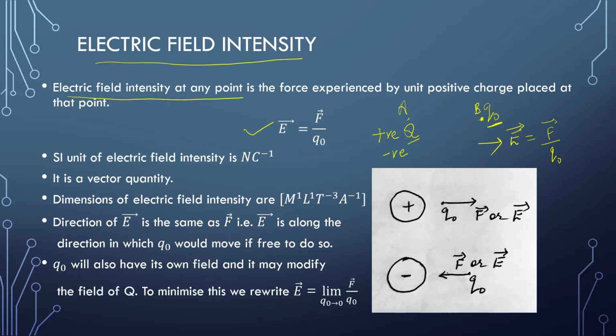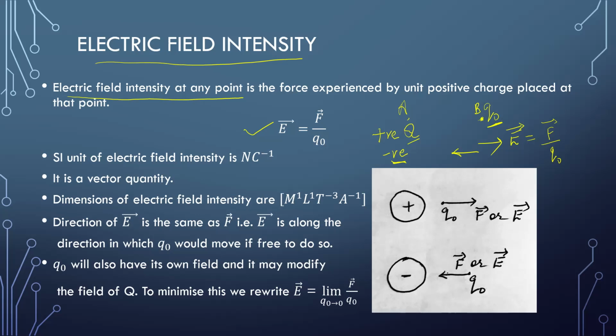Now if the charge capital Q is a negative charge, then the field at the point B will be directed towards the source charge, because it is a negative charge and therefore it will be a force of attraction.